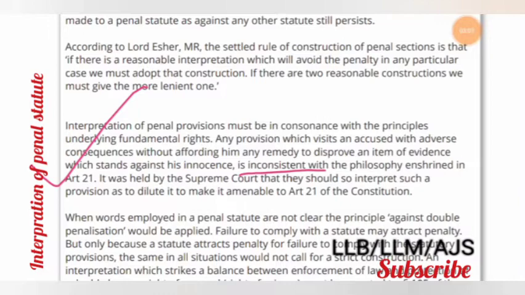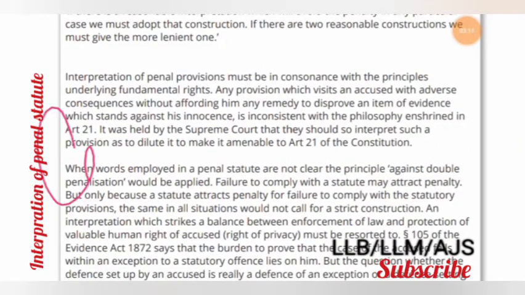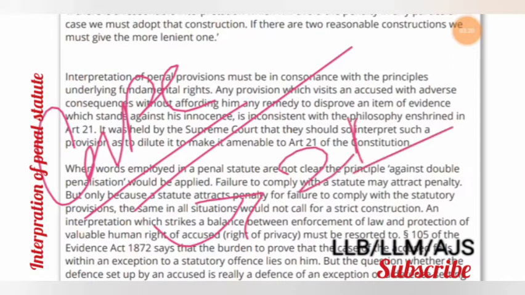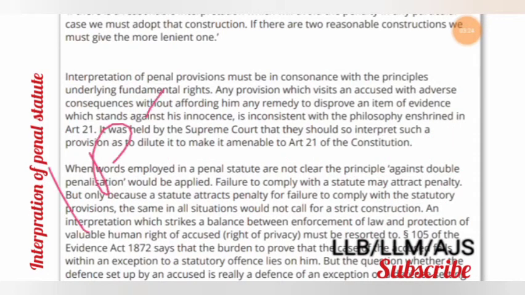It was held by the Supreme Court that it should so interpret such provisions as to dilute them to make them amenable to Article 21 of the Constitution. For example, we see in CrPC or any other statute, it is in consonance with Article 21. Not only this, but it is in consonance with fundamental rights. IPC also is in consonance with fundamental rights.